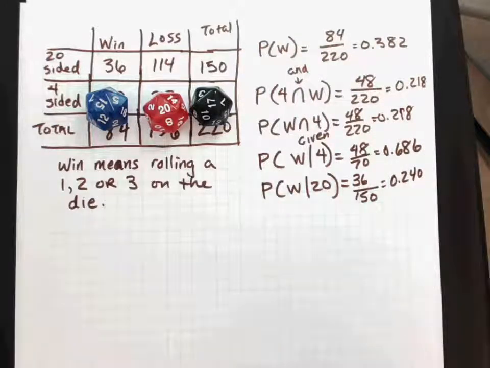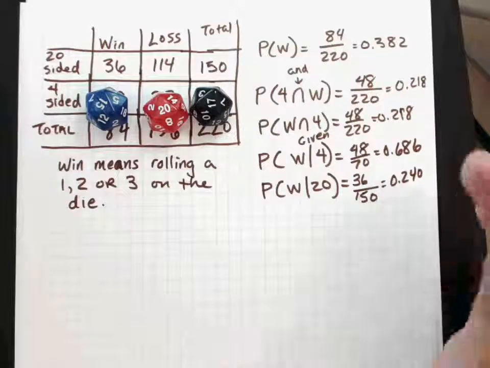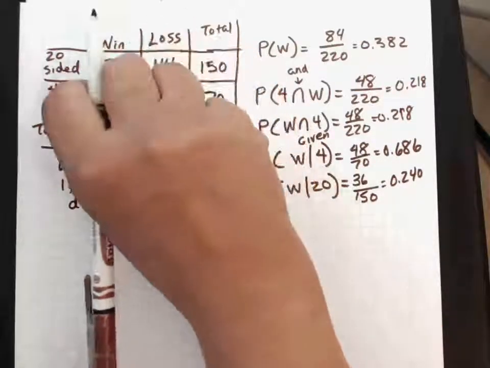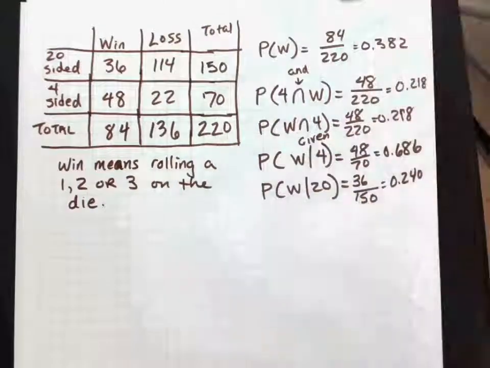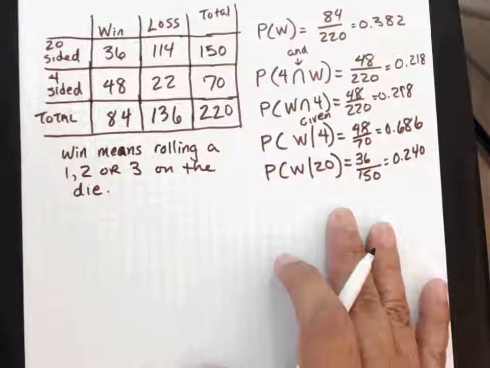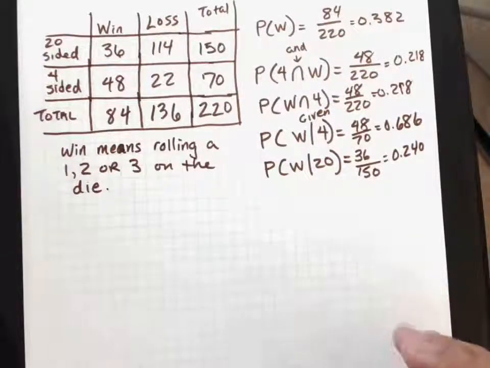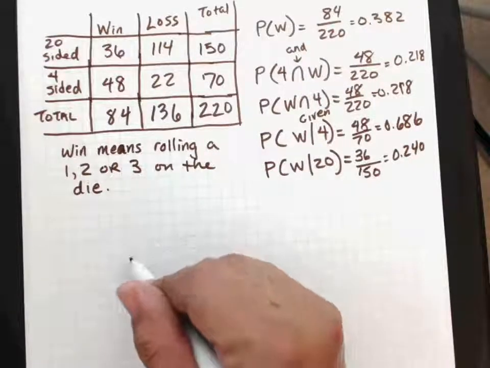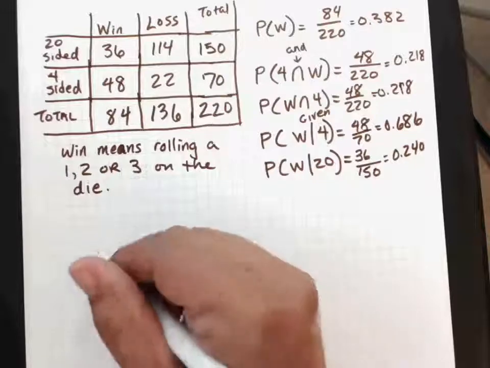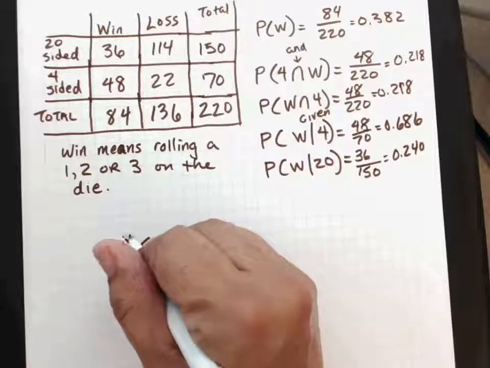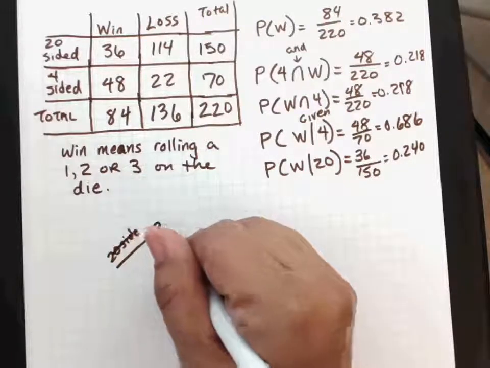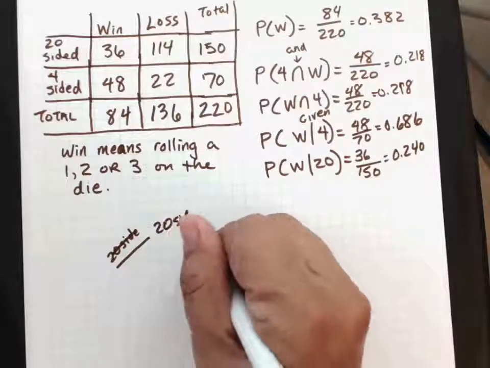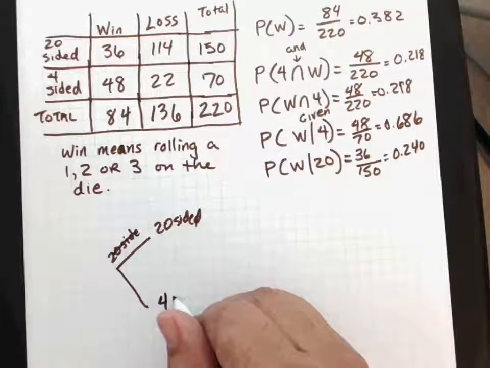Okay. Now I'm going to try and translate this table into a sample tree, because there's a relationship between sample trees and these tables. Sometimes you're given the information for a sample tree right off. When we're doing a sample tree, the first thing we have to do is ask what probability we have that we have a 20-sided die or a 4-sided die.